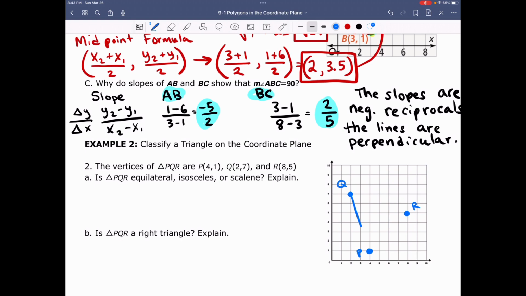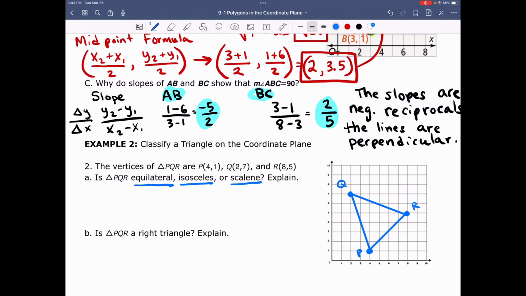Connect those to make it a triangle. And then they're asking, is it equilateral, isosceles, or scalene? Equilateral would mean all the sides are equal. Isosceles would be 2 sides equal, and scalene would be no sides are the same.